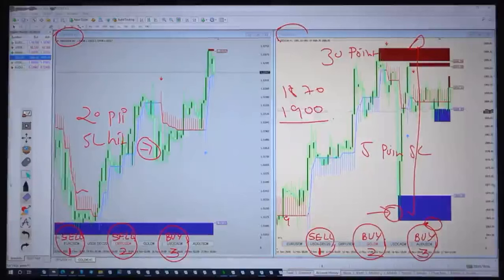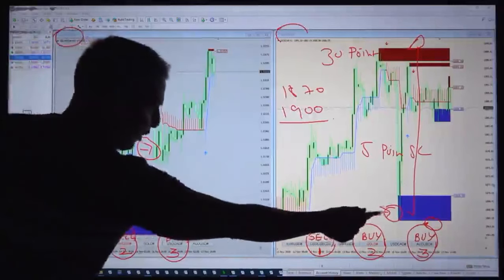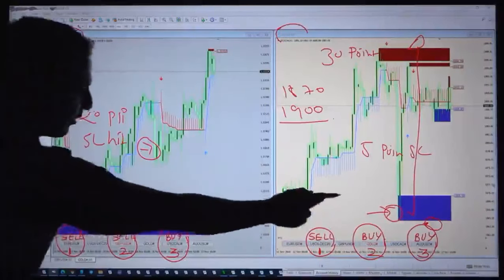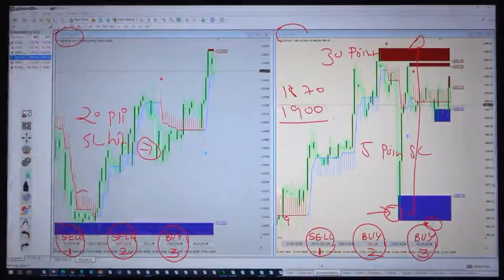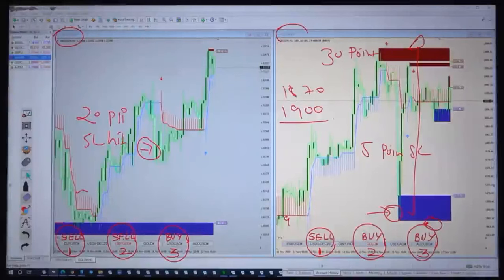Why no fear? Because here we had bought gold, against that we had sold GBP USD. So if this would have given the loss, this would have given the profit. So what we are doing, basically we are using our supply and demand, support and resistance indicator to buy and sell, and we are protecting our capital using the hedging.